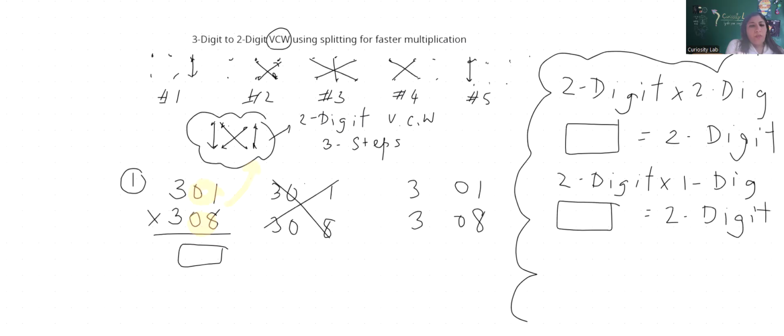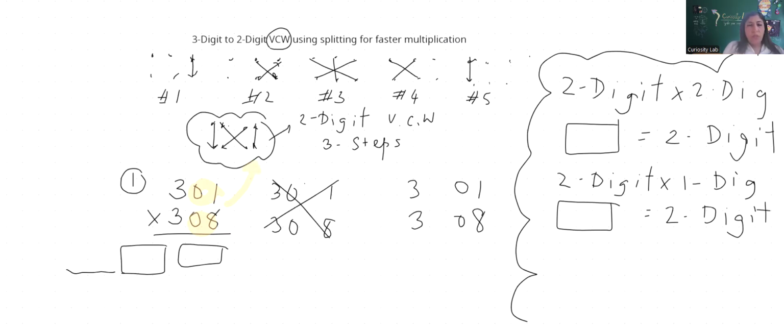So again, for the cross, I'm going to allocate a 2-digit space again. And then what is left here is going to go here. So let's go and see how these numbers look.